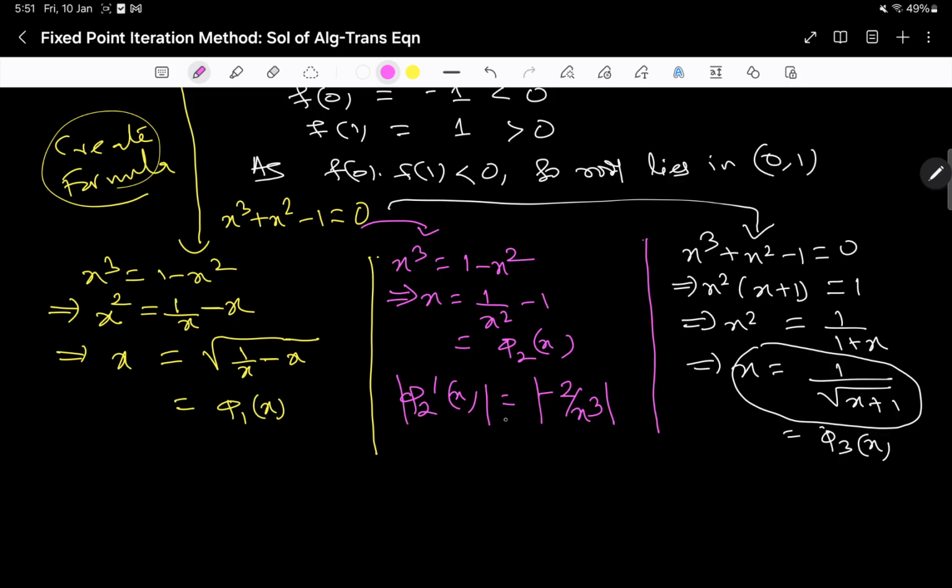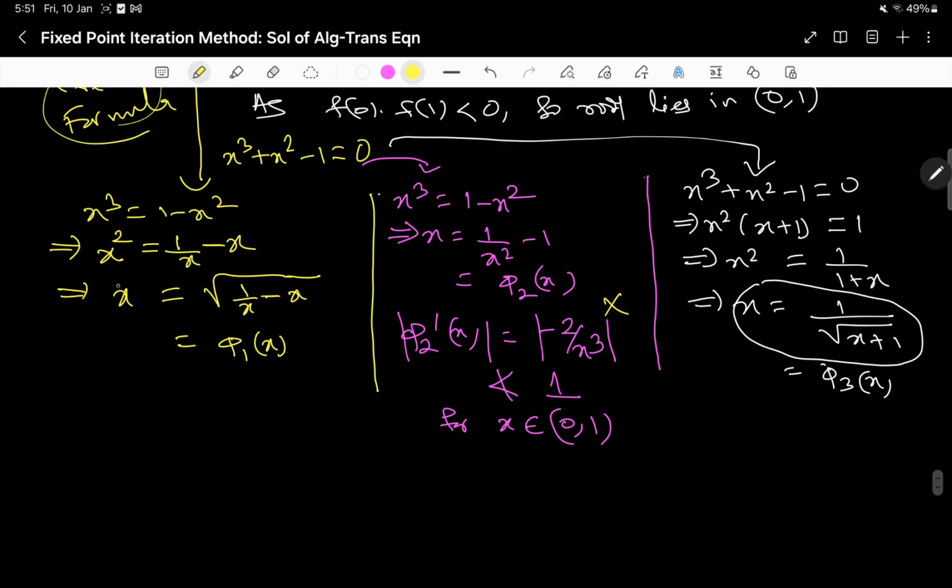Here 0 is less than x less than 1. So this is not going to be less than 1 for x in the interval 0 to 1. If I take x as 1, it is 2. If I take x as 0.5, it is more than 1. So this formula will not work here.